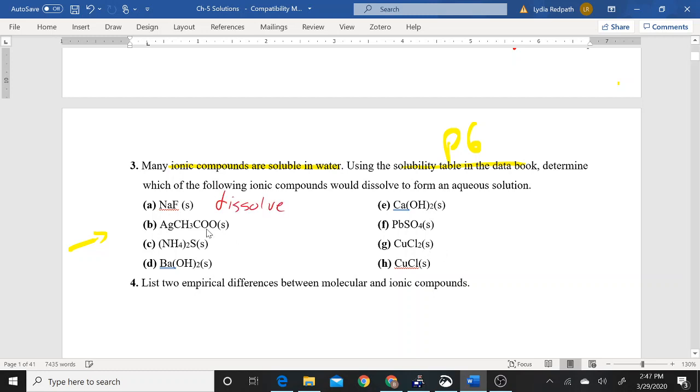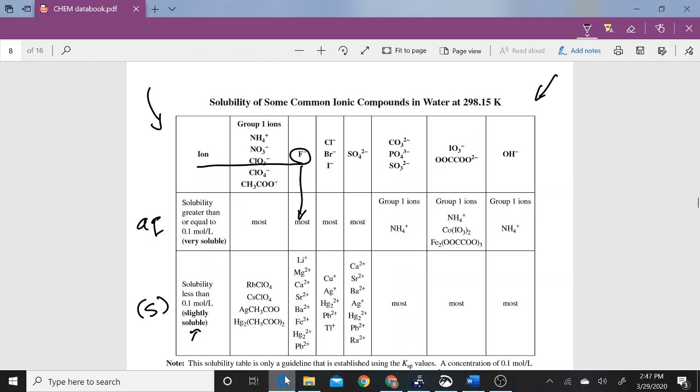Let's do one more. Let's look at B. This is silver acetate is what we're looking at for B. So going back to the table, I'm going to clean it up a little bit because it's a bit of a mess. There we go. That's a little bit better. So I scroll across the top, there's my acetate ion right there.